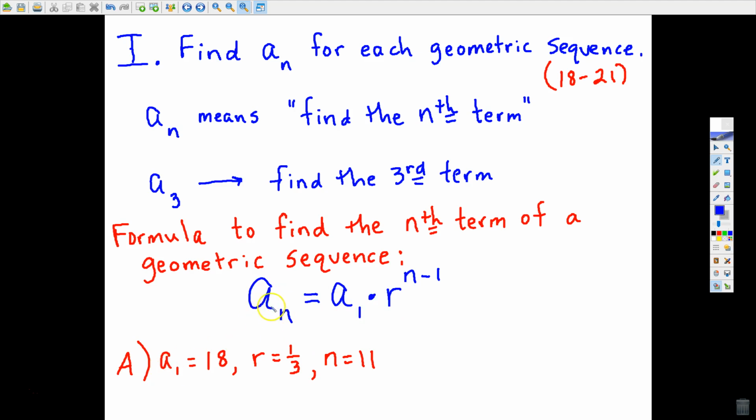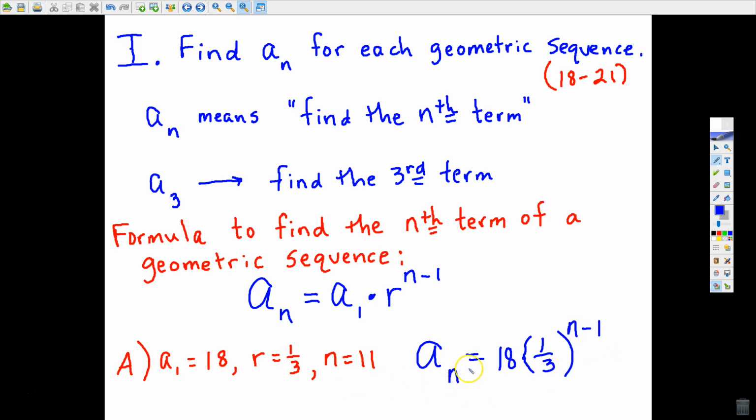All right, so with that said, let's find the nth term for this problem, letter A. I can find the nth term by taking the first term, which is given, 18, and multiplying that. I don't really need to show multiplying, I'll just show parentheses. I'll put R, 1/3, to the n minus 1.